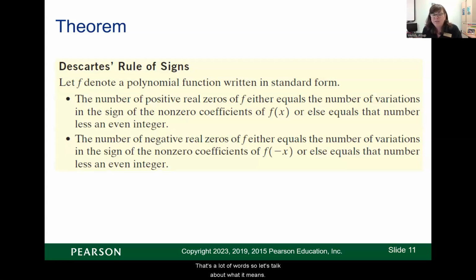All right, that's a lot of words, so let's talk about what it means, but let's get the second part too. More words. The number of negative real zeros of f either equals the number of variations in the sign of the non-zero coefficients of f of negative x, or else equals the number less an even integer.